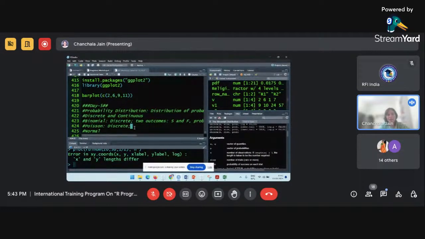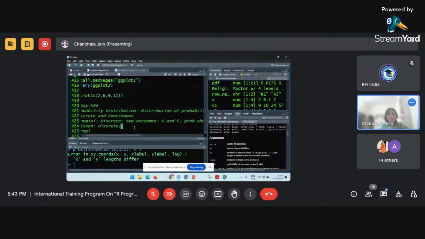Binomial and Poisson are very similar, but Poisson is generally based on time. There would be a time interval when I talk about the Poisson distribution, like in the last 1 hour, how many cars have passed on this particular road. So there is a time limit, and in that time limit I'm trying to understand the outcome of that particular event. So this is a discrete probability distribution.